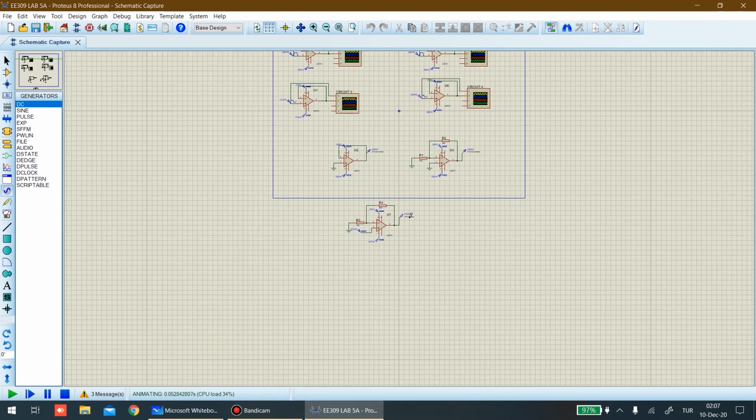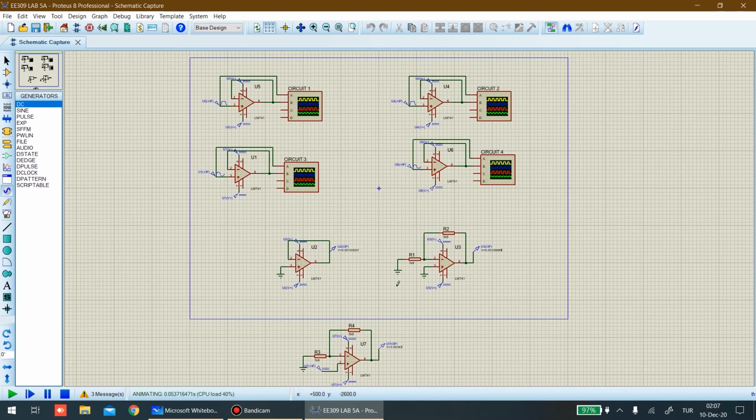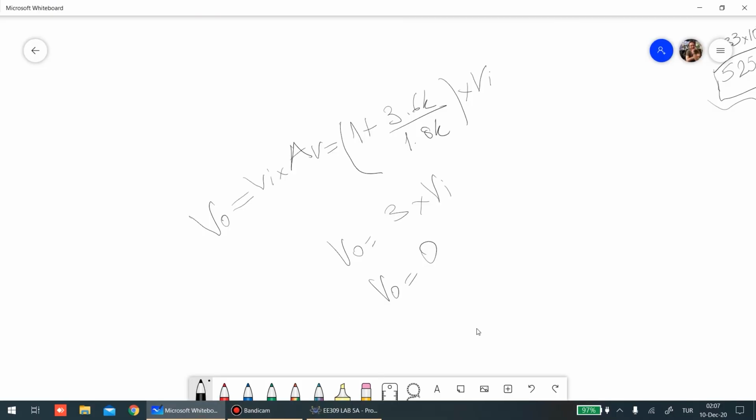So, now, if we try to formalize it, V out is equal to (V I plus V offset) times AV.